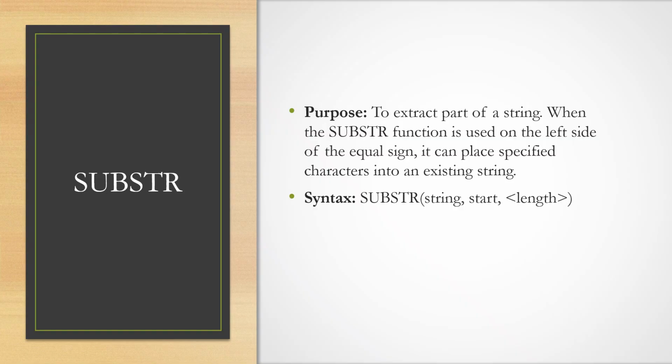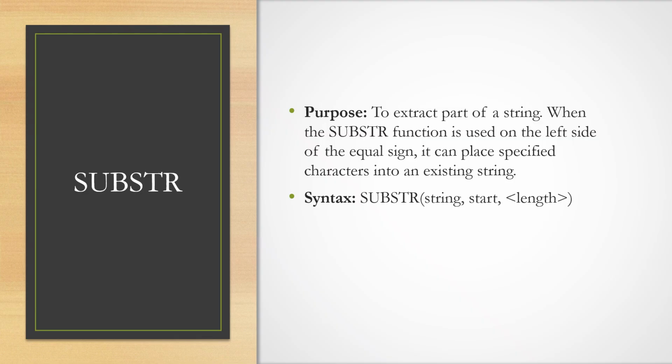which is the character variable or the text string from which we want to extract the part of the string. Then the second argument for the SUBSTR is the starting position to begin the extraction, and then the third argument is length. Length is an optional argument, and if it is specified, it is the number of characters to include in the substring.